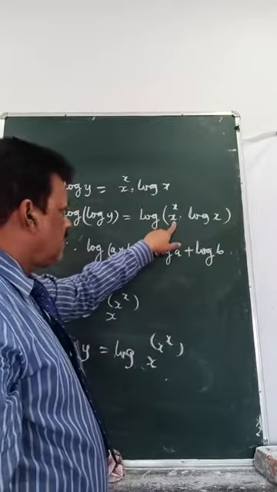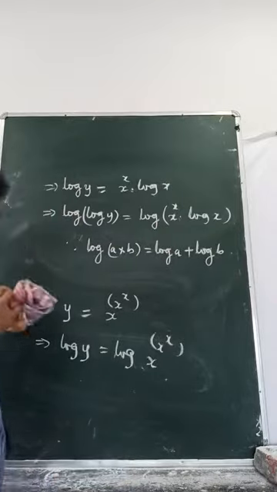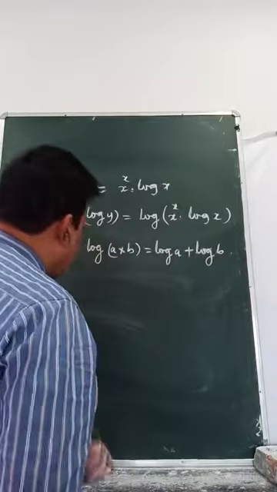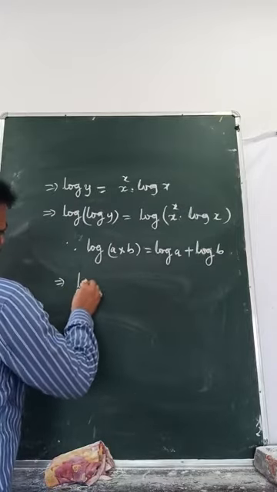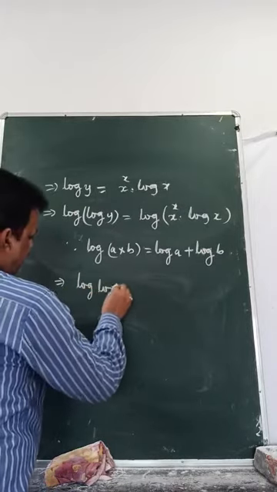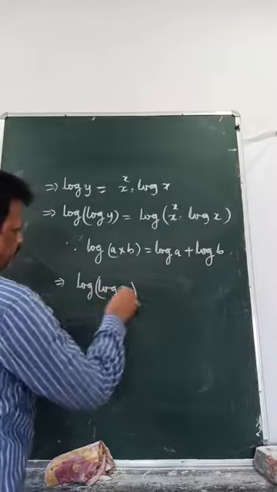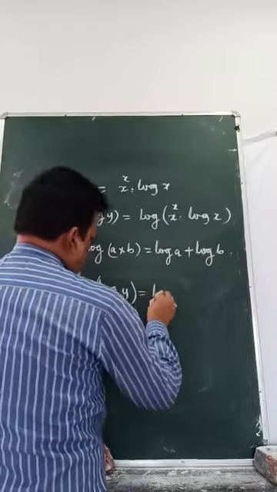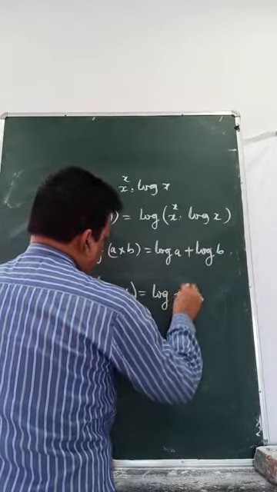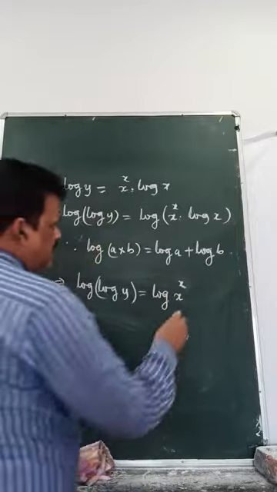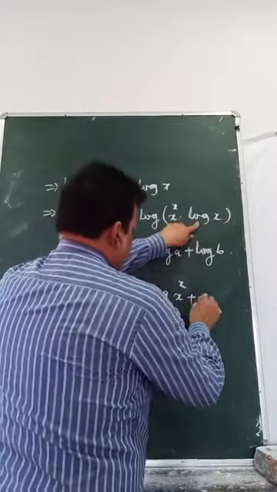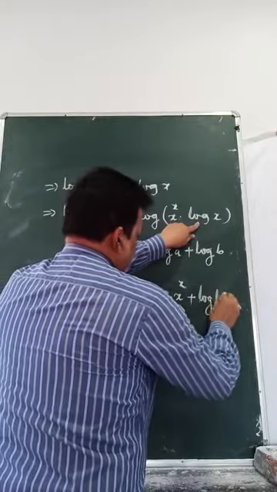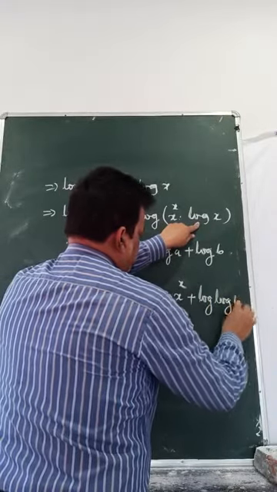So log a means this one. That gives you log of log y equals log of x to the power x plus log b, where b means log x.